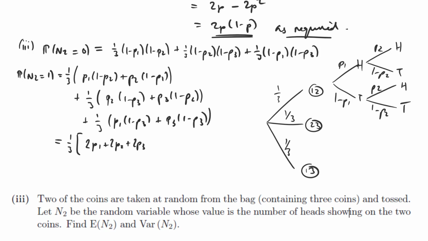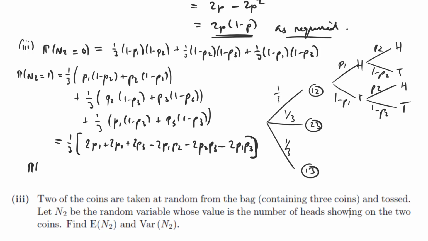And then I've got a minus p1 p2 minus p2 p1, so I've got minus 2p1 p2, and the same from the next bit here, minus 2p2 p3 and minus 2p1 p3. I could obviously put a 2 out here as well and collect these 3 together, but let's leave it like that for now, and we'll simplify it a bit more when we need to.